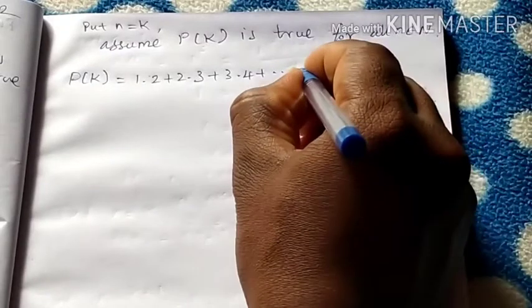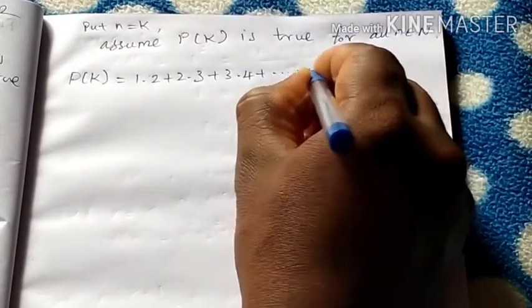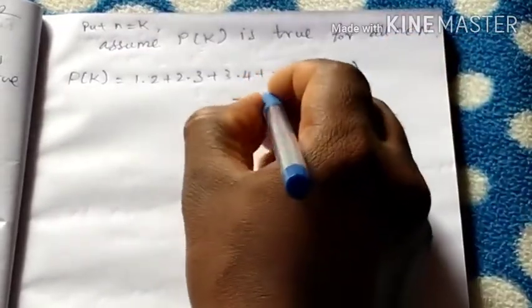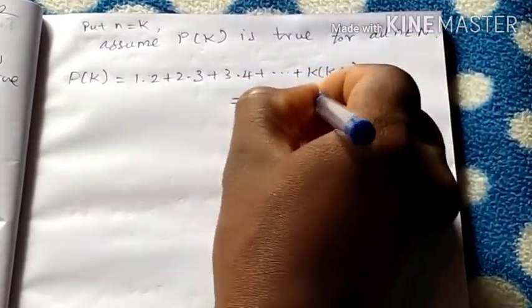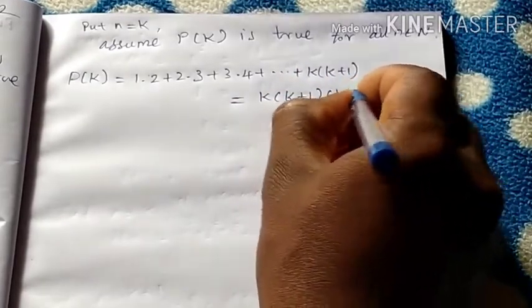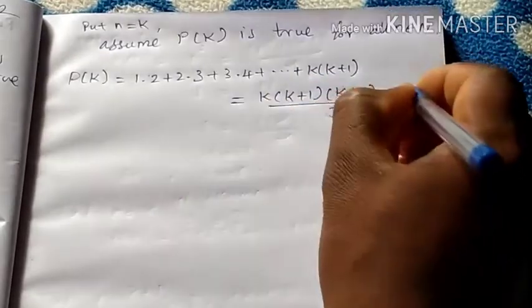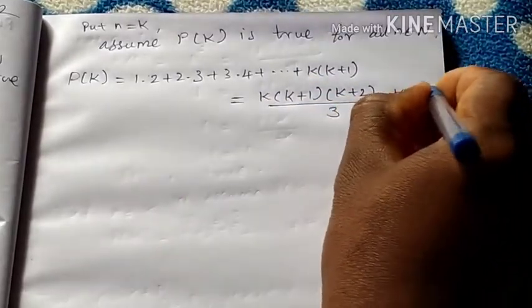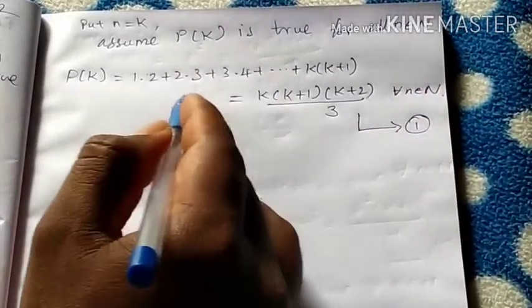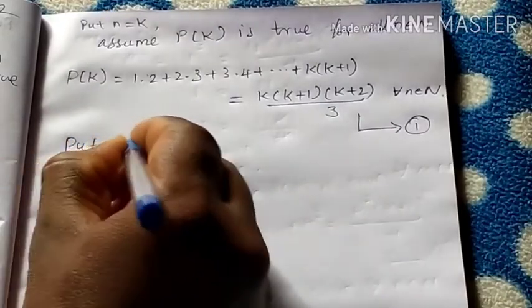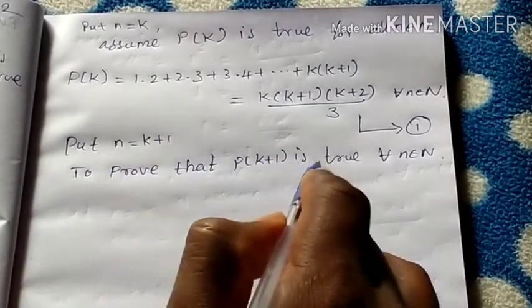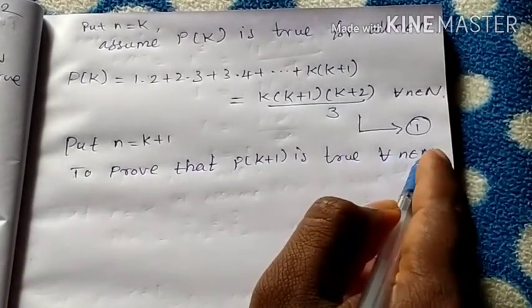Okay, so plus n into (n+1), so k into (k+1), which is equal to k into (k+1) into (n+2). So replacing n with k, so (k+2) divided by 3, for all n belongs to N. This is equation 1, the assumption value. Next put n equal to k+1. Next, to prove that p of k+1 is true for all n belongs to N.